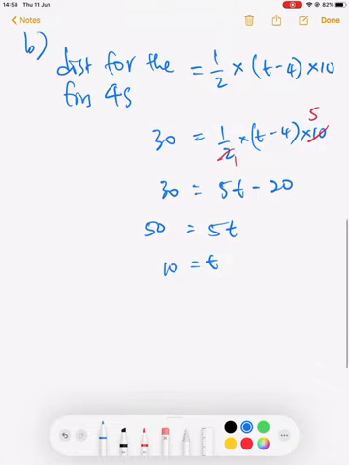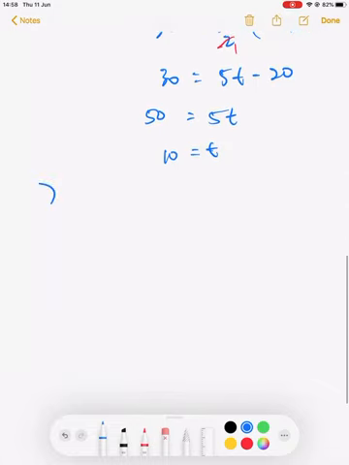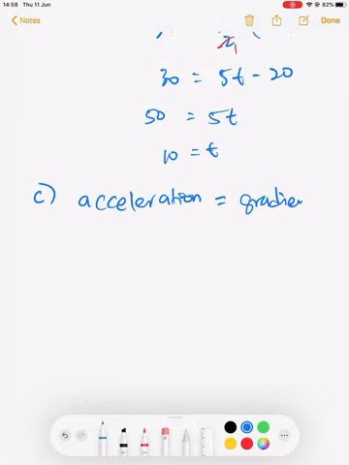The value of v, question C. The value of v if the acceleration for the last 2 seconds is 3.5. Acceleration for our speed time graph refers to the gradient, and the gradient for the last 2 seconds is 3.5.